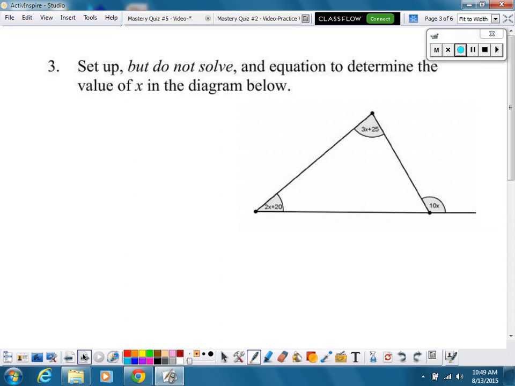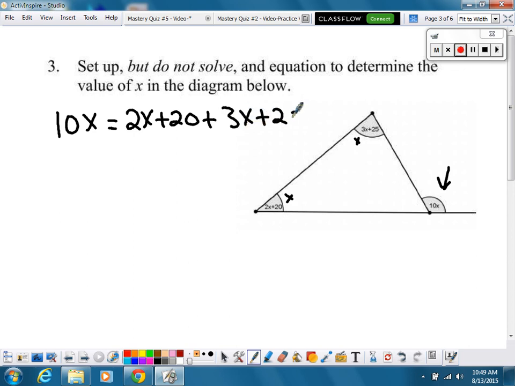So that exterior angle over here, there's your exterior angle, that 10x, that needs to be the same as or equal to the two interior angles, which are these two right here. So 10x has to equal 2x plus 20 plus 3x plus 25. It's called the exterior angle theorem.